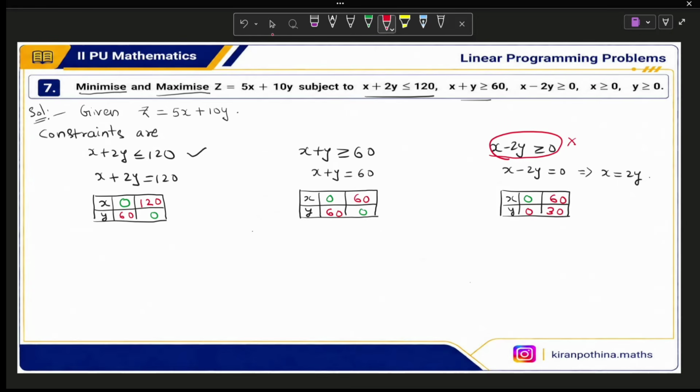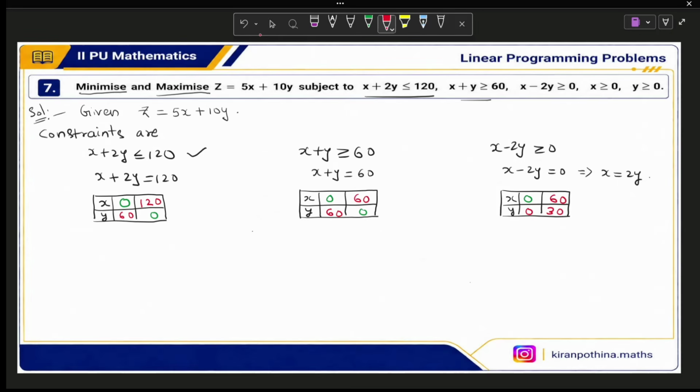There is no constant, the constant is 0. Whenever we get a constant 0 like this, we have to take another point. In the first two equations we have a constant, so we can take 0 and 0 there. But for the third equation, we do not have any constant, so one point will be 0 comma 0, and for another point you take any random value.